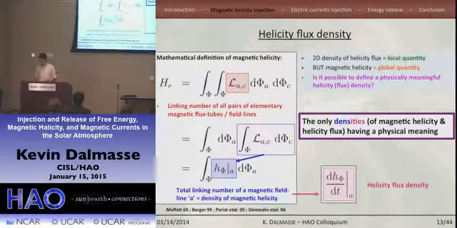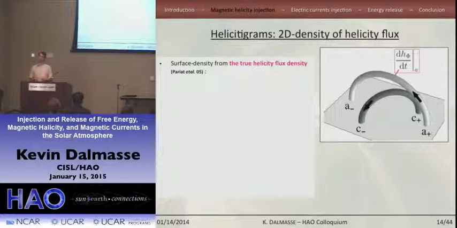So we have defined a density of helicity flux, so a local definition of density, but we are not done yet because our goal is to map the helicity flux in active regions. And to do that, we need a surface density of helicity.